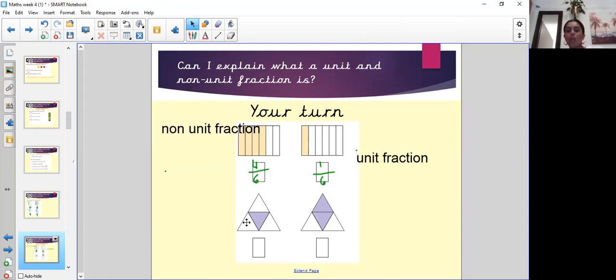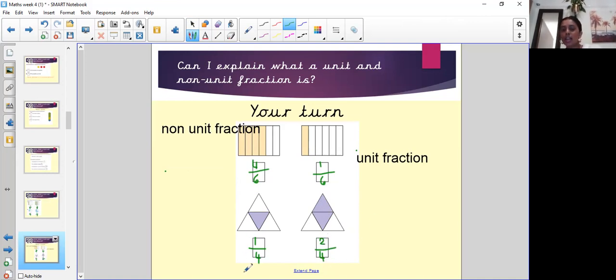Over here we've got 1, 2, 3, 4 pieces and 1 is shaded. So here we have 1/4 of our triangle shaded. And let's have a look. I've got 1, 2, 3, 4 pieces. And how many are shaded? Only 2. So that's 2/4 of the triangle shaded. Again, over here is my unit fraction, and over here is my non-unit fraction.